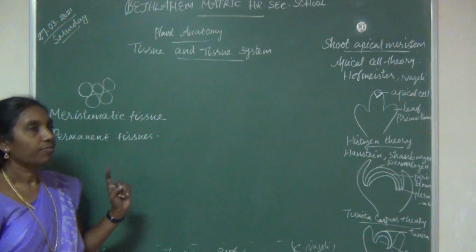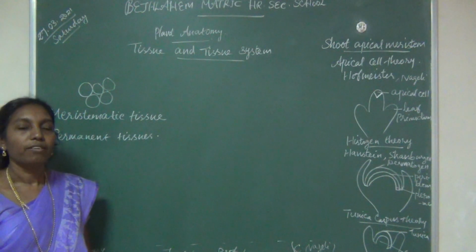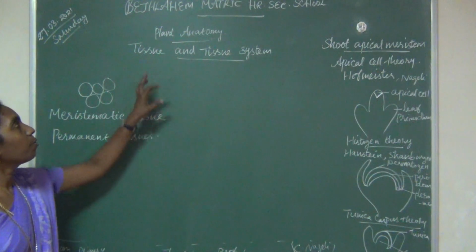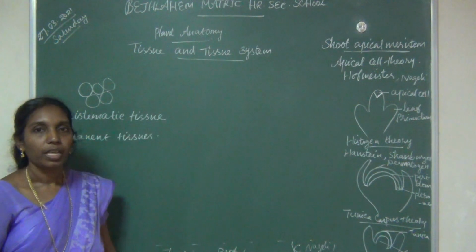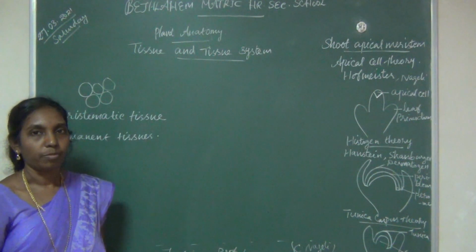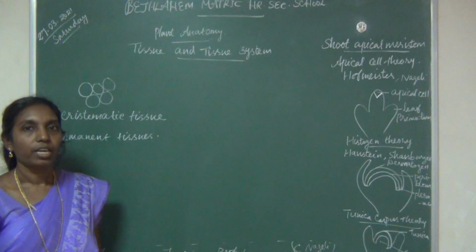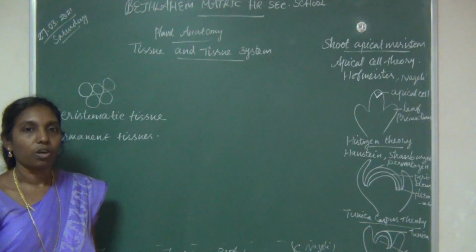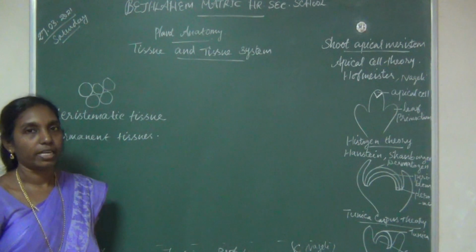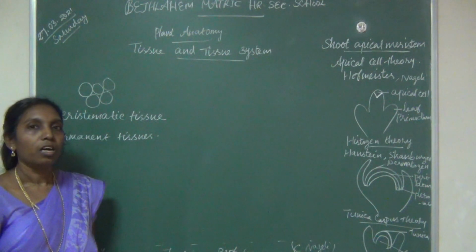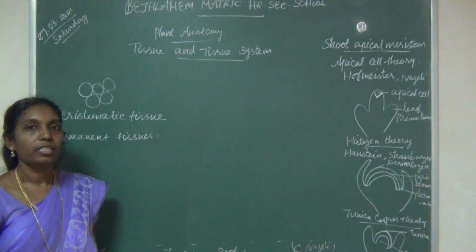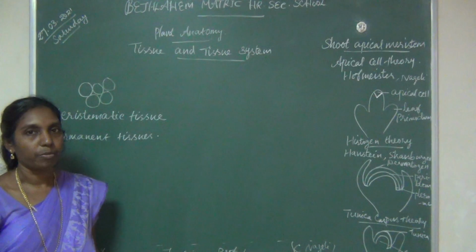In this chapter, the first definition is: define plant anatomy. What is meant by plant anatomy? The study of internal structure and organization is called plant anatomy. How will it be studied? Under microscopic examination.